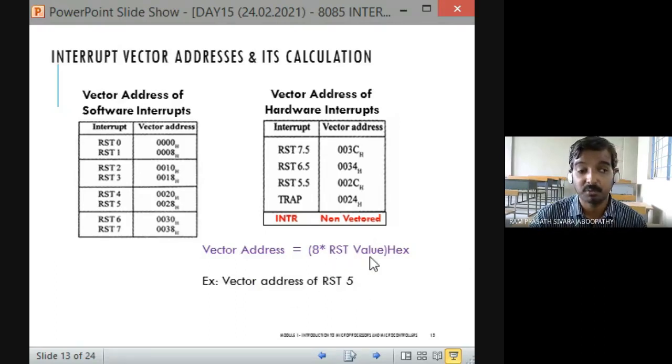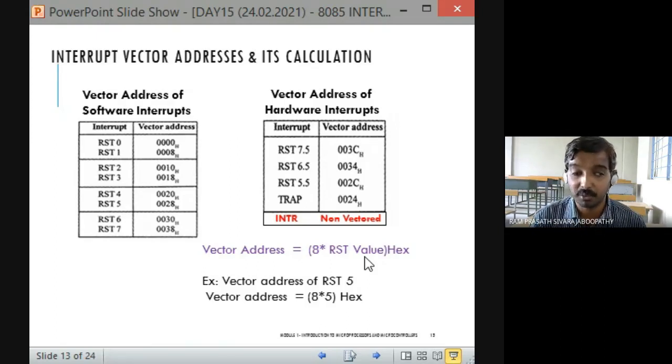What is the value? 8 into n. 8 into 5, what value will you get? In decimal you will get 40.